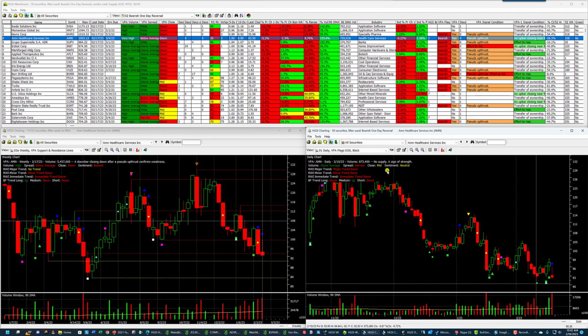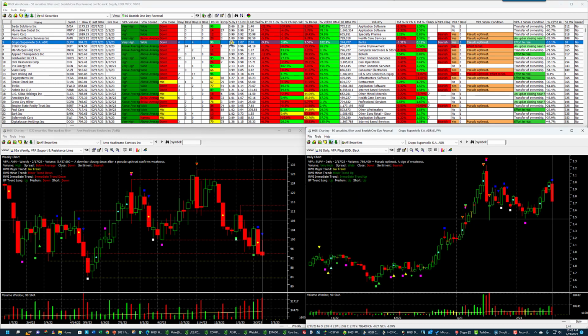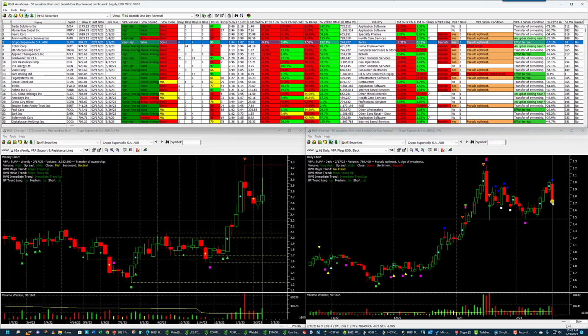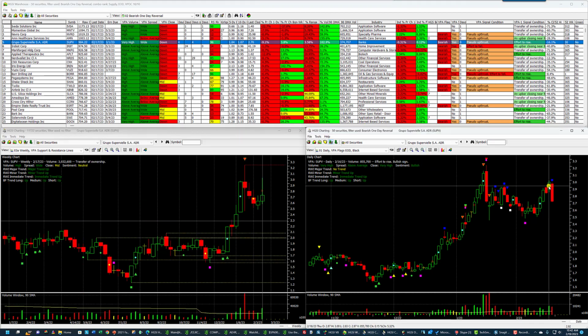The trend is down. You always have to take the trend into account, and that's why on the bullish low volume tests and bullish one-day reversals, I like to have a fan in place. Now on these, here's one that's correct. It's effort to rise. You can look up and down these signal conditions, and all the transfers of ownership may be different.